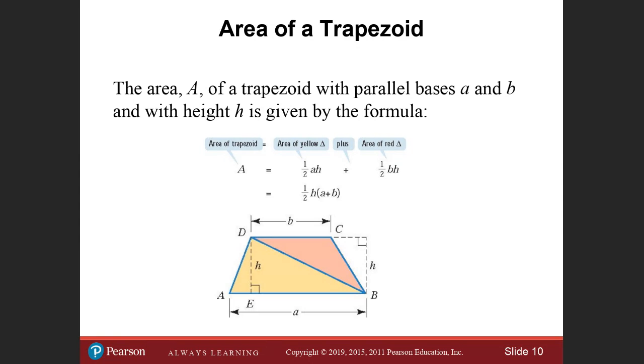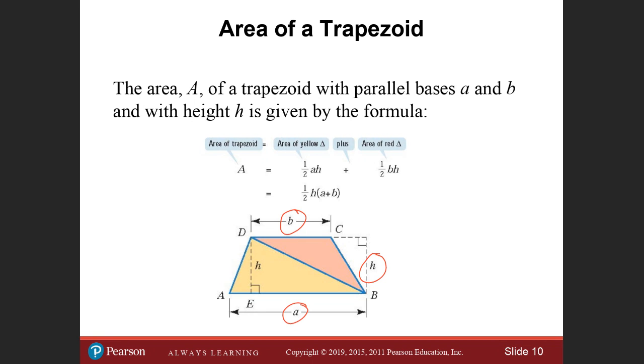Okay, so next thing is the area of a trapezoid. So you have two bases here. You have base 1, which is A, and base 2, which would be B here. And you have the height. So the formula is similar to a triangle, but you have 2 bases.